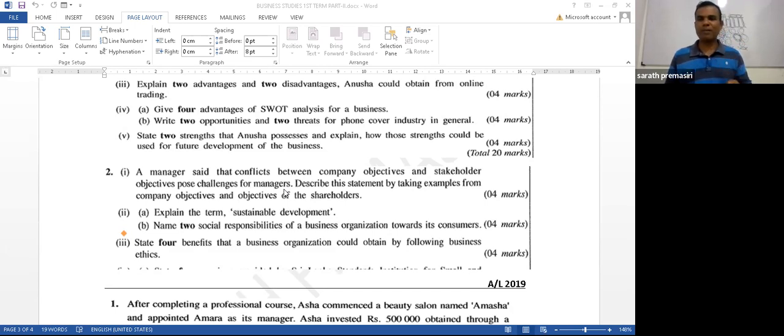Company, for example, just remember public limited companies are concerned. Shareholders need to increase their dividend. Understand? For example, shareholders of the public limited company, what is their objective? Obtaining dividends, or obtaining bonus shares.